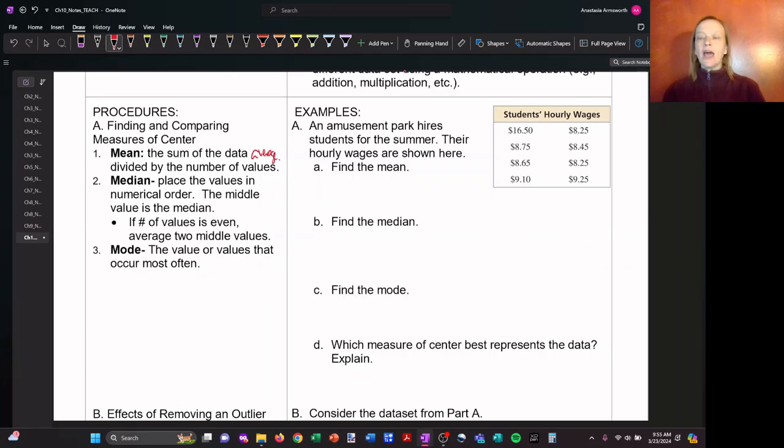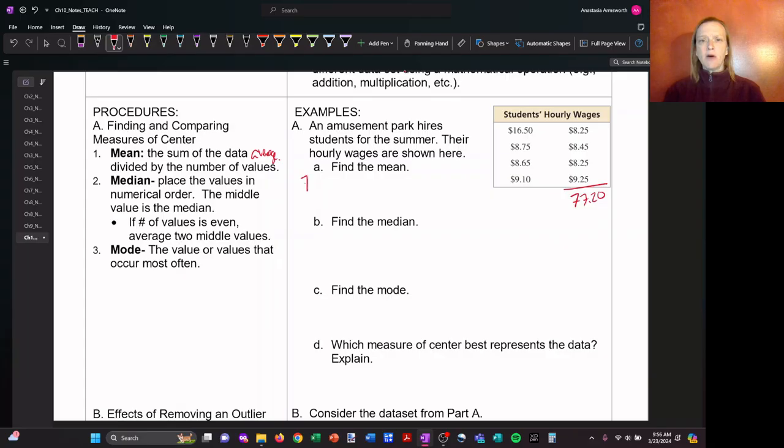So if I look at this set of students' hourly wages and I want to find the mean or the average, the first step is to add all the values that I see in the data set. If I add all these values together, they sum up to $77.20.